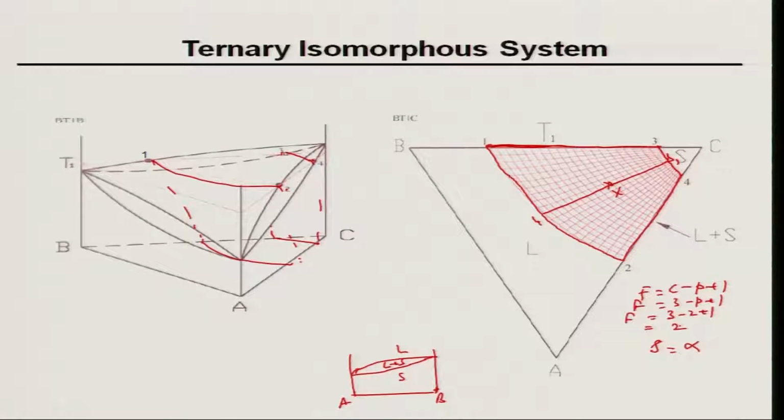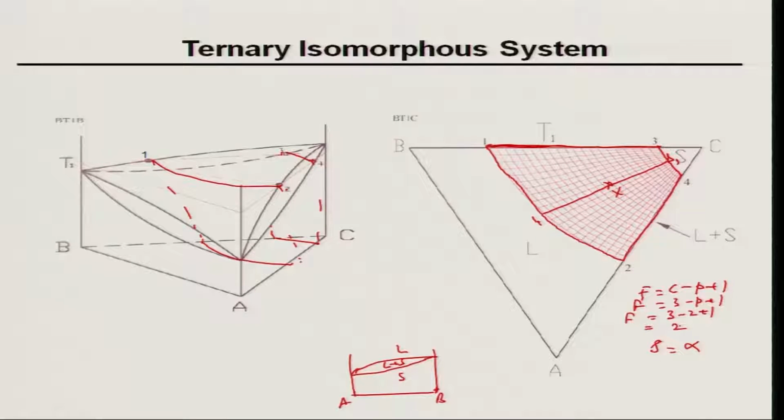So solid is richer than the liquid, which is in equilibrium, in that component. Suppose solid is in equilibrium with component C. Then this will be richer in C than the liquid.